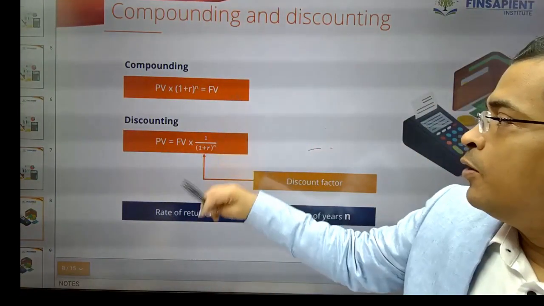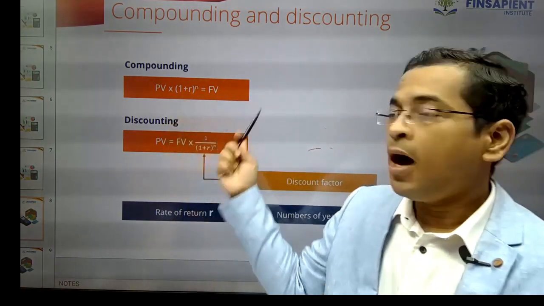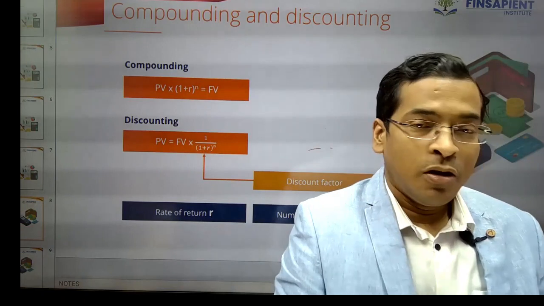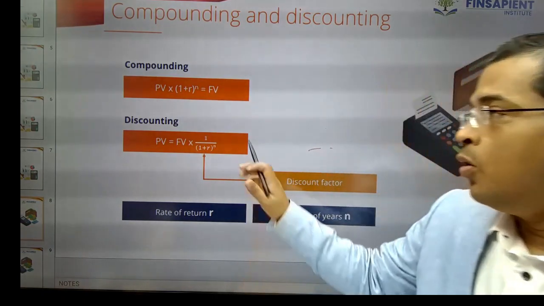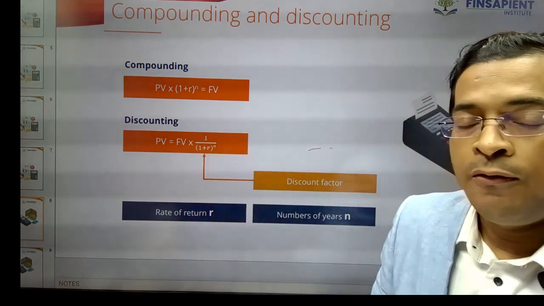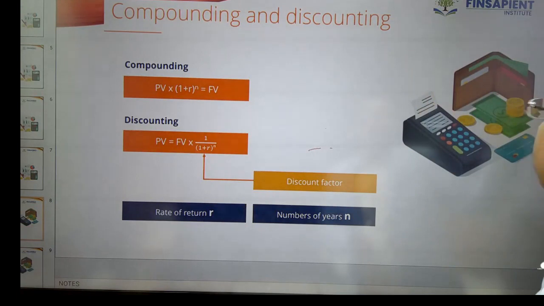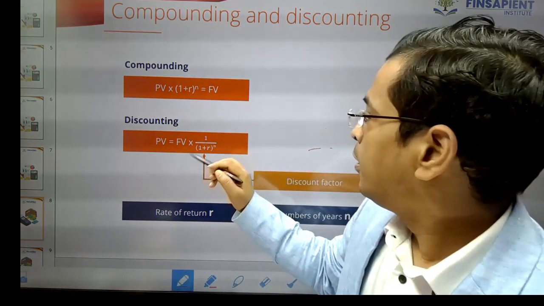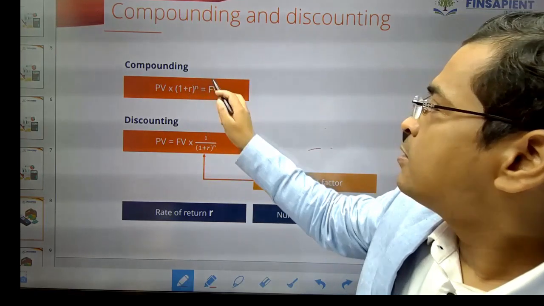So compounding future value, what if we need to discount? That is the question. We understood how to calculate the future value based on the PV and the interest rate times year. Now we have to do the reverse process, finding out the discounted value. Another way is we can reverse the formula.